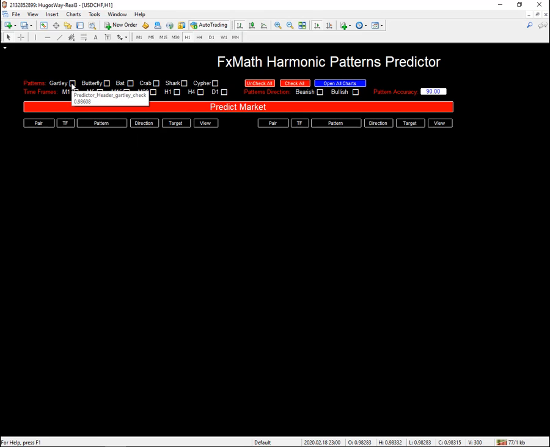I'm gonna choose the type of pattern that I want for my charts, select the 1 hour, and go with both directions, and then scan the market for incomplete patterns.